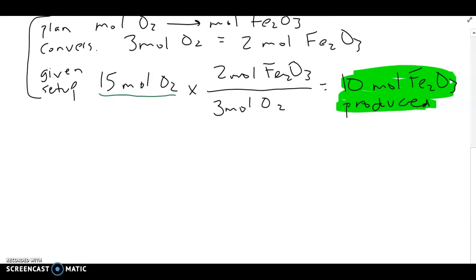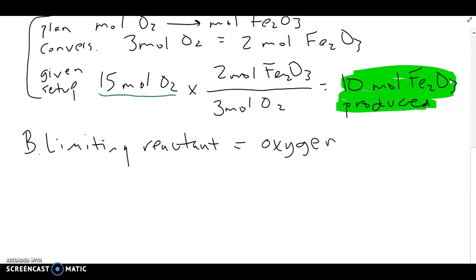Our answer to B, which is what is our limiting reagent or reactant, is going to be our oxygen. It's going to get totally used up to create that 10 moles of Fe2O3.